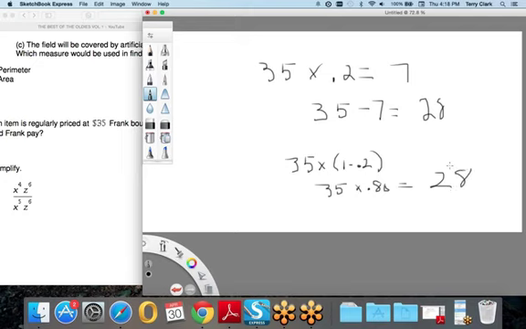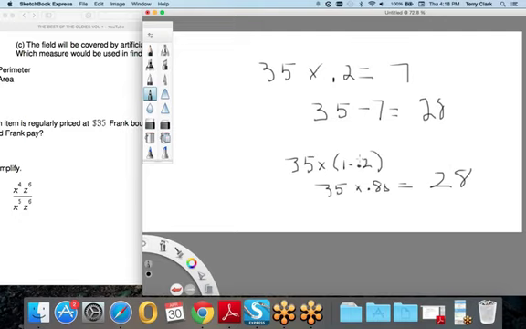So I mean, you could do it either way. You can go 20% times 35, and that'll give you 7, and then you can subtract the 7 from the 35. But if you notice the math, you're subtracting either way. When you subtract the two percentages, the 100% minus the 20%, you're subtracting 20% from 100% because the total is 100%.